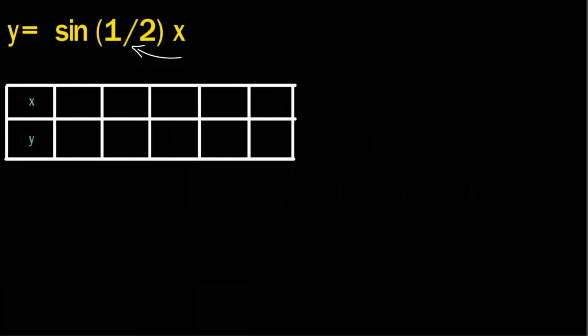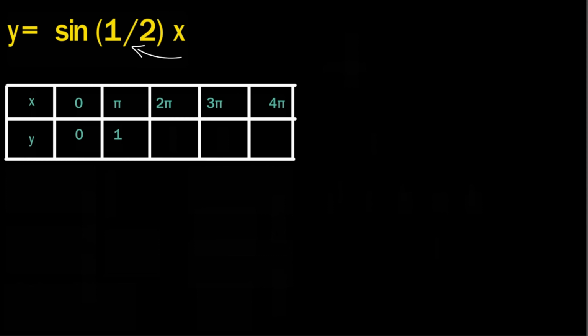For example, we draw out the points 0, pi, 2 pi, 3 pi and 4 pi. You plug the numbers into the function. Sine 0 is actually 0. You press your calculator. For pi, you plug in sine half pi. Sine half pi is 1.